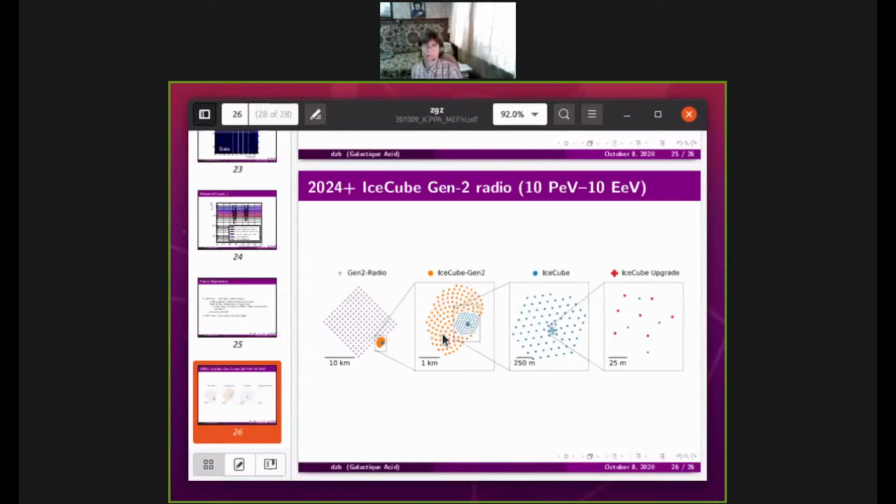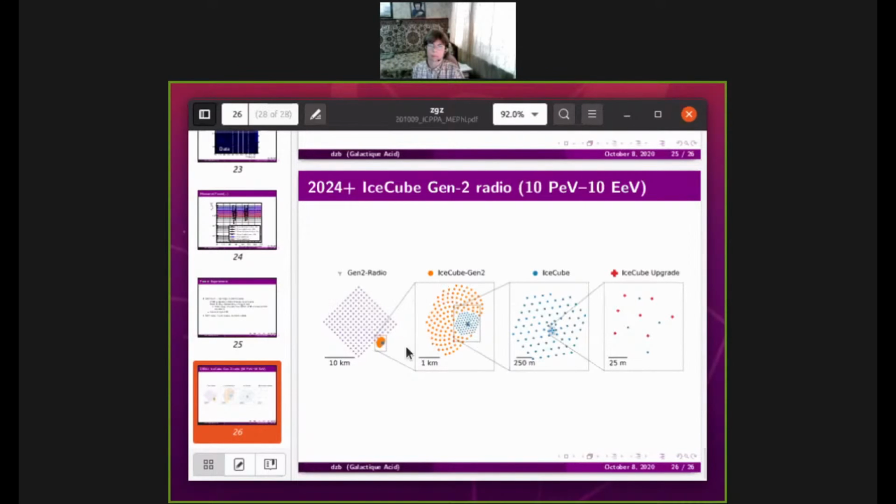It's a successor to IceCube, and it will have a coverage, at least in terms of the optical array, of about maybe, as you can sort of read off this slide, maybe 4 to 6 square kilometers. So this is the footprint of the current IceCube. Just to the left of it is the planned footprint of the IceCube Gen 2 optical array.